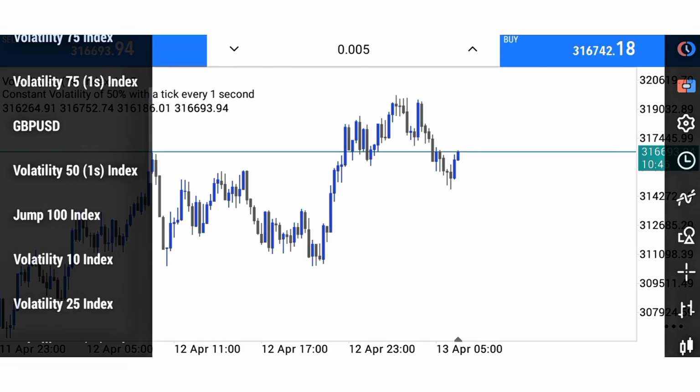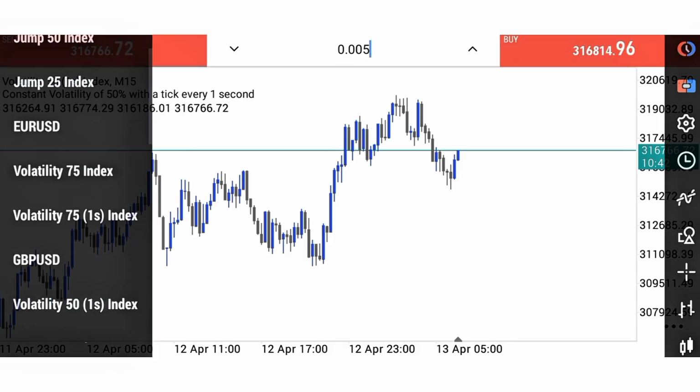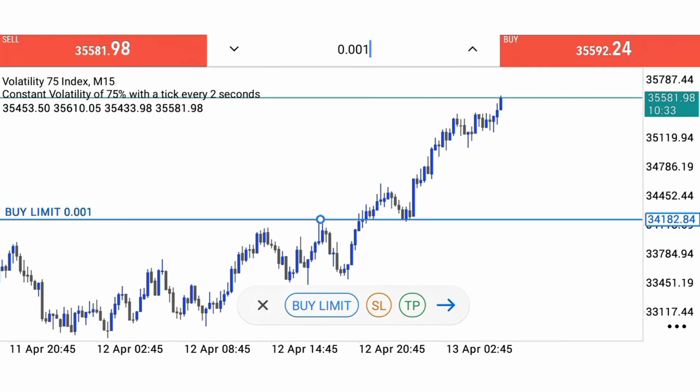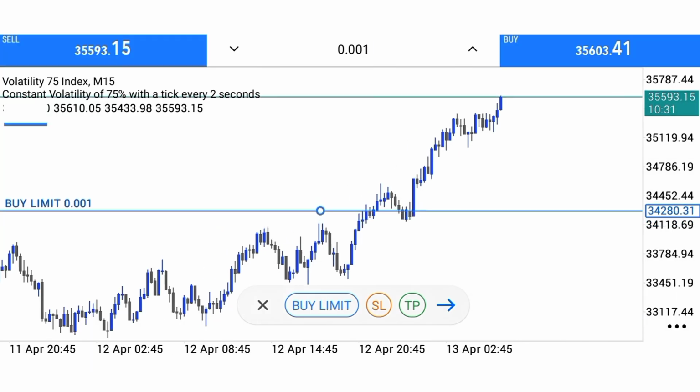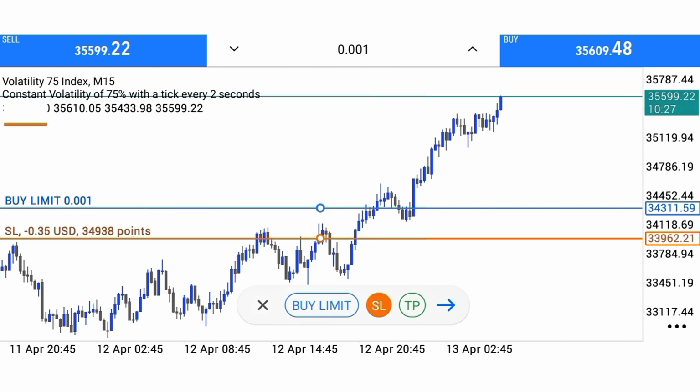Now for those of you that have small accounts, this one is very, very good for you. Volatility 75. The lowest lot size on volatility 75 is 0.01. Now with this lot size, you can trade even with a very, very small account. For example, look at this here.